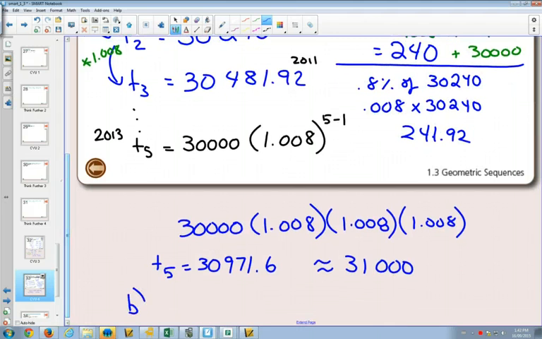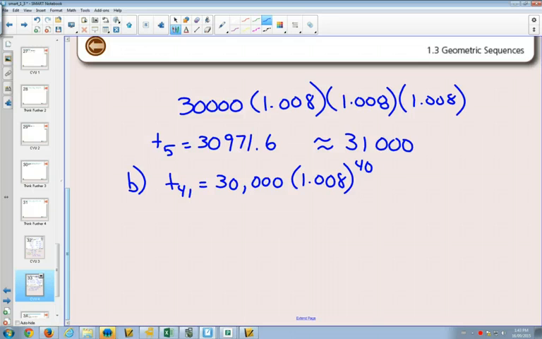But let's find out part B. If we wanted to figure out term 41, 30,000 times 1.008 to the power of 41 minus 1, which is 40 up here because it is 40 years later, we get 41,261.3, rounded to the nearest thousand would be 41,000.